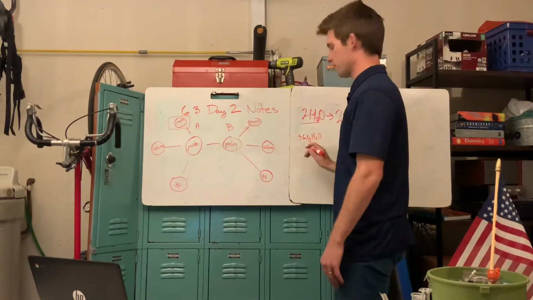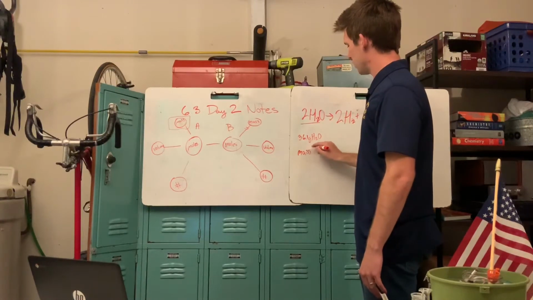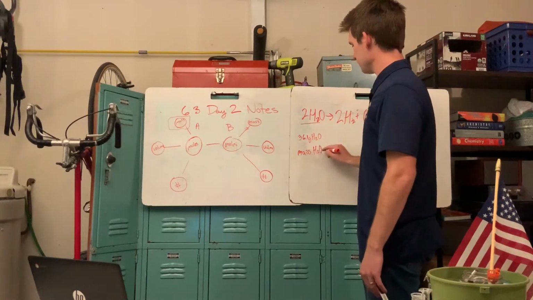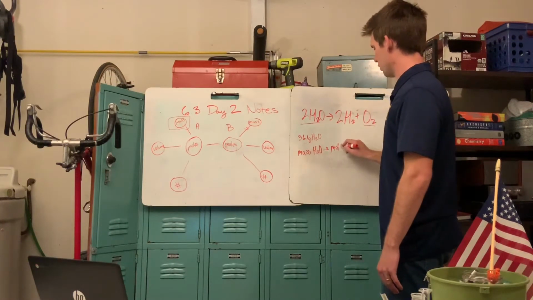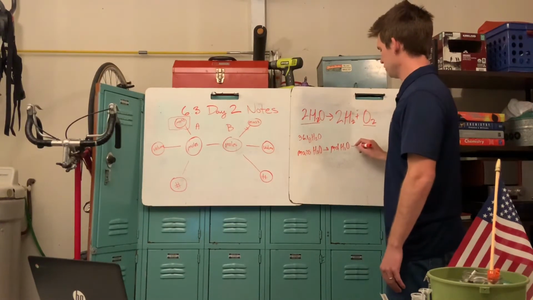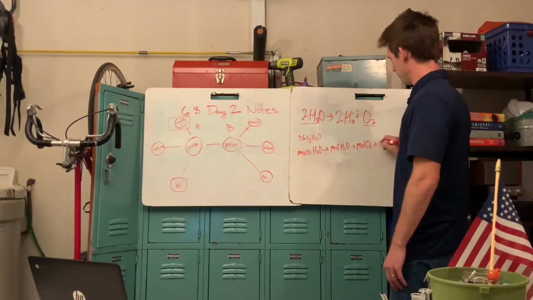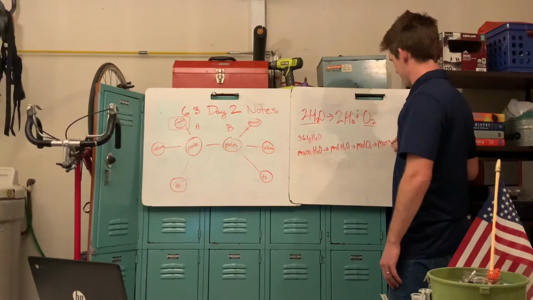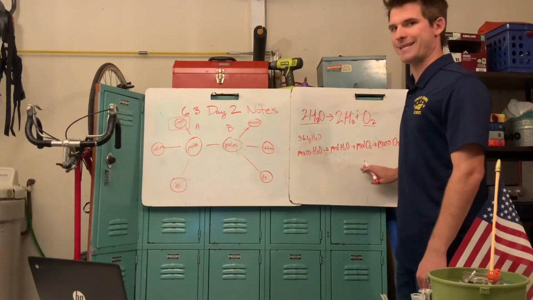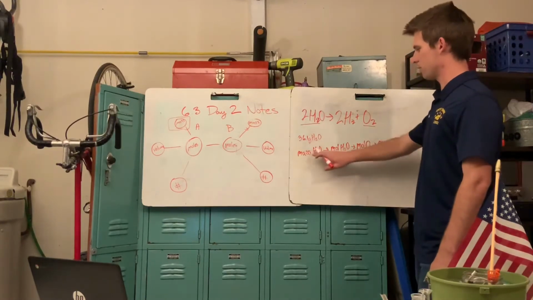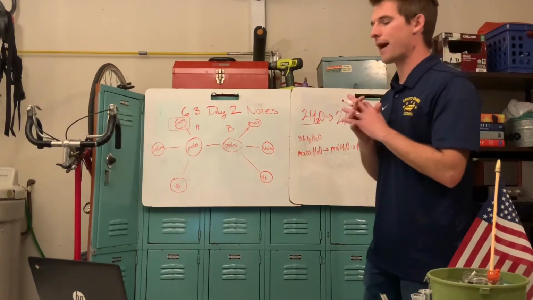So I'm going to write this up kind of like this. We go from the mass of water to the moles of water to moles of oxygen to mass of oxygen. So that's going to be our roadmap that we take through this problem. We'll convert from this to that to this to that. So let's see what that looks like.